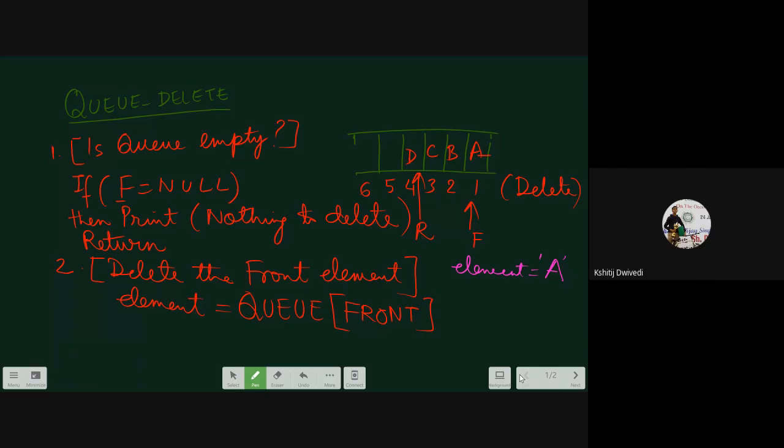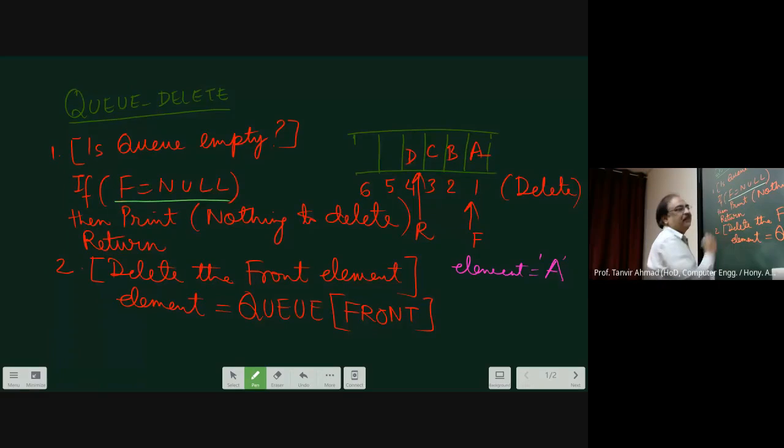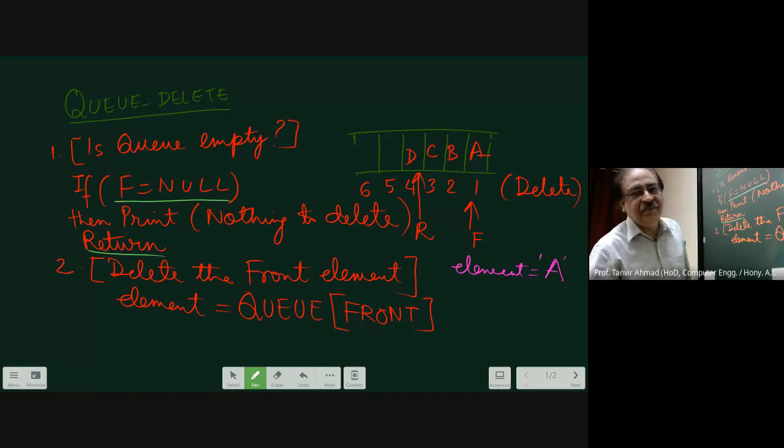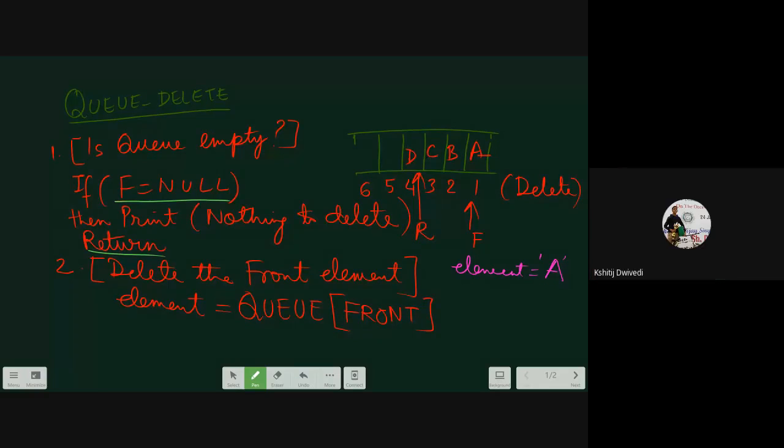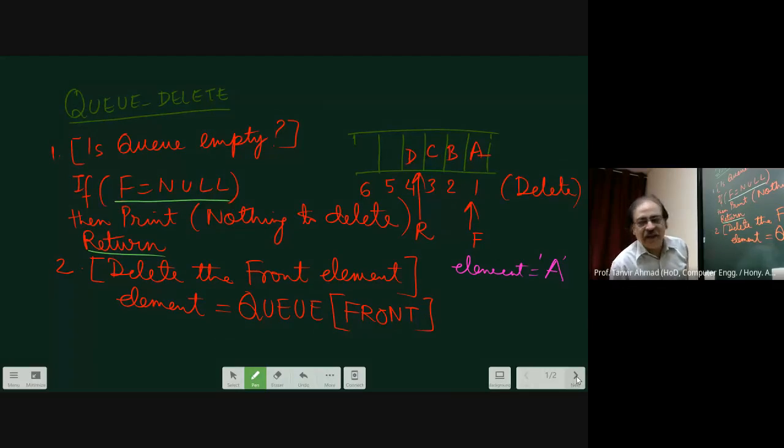If F is equal to null, I will print nothing and then just return. 2 and 3 will not be reached. Therefore I am testing it over there before only. Fine? Anybody having any problem?